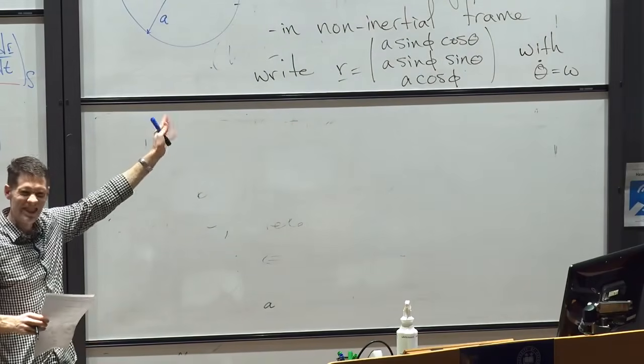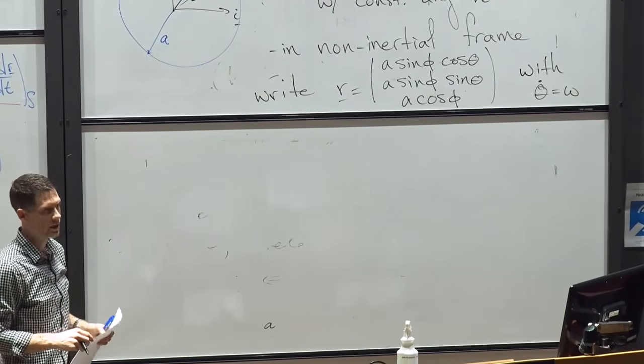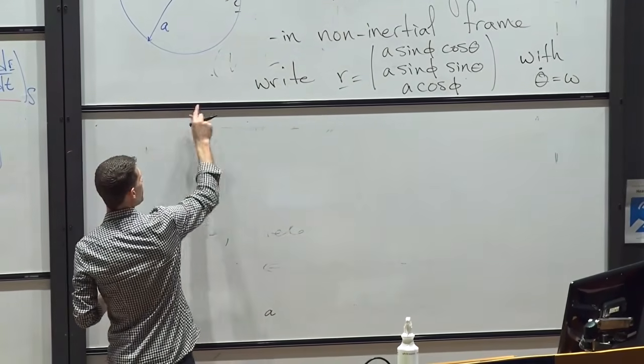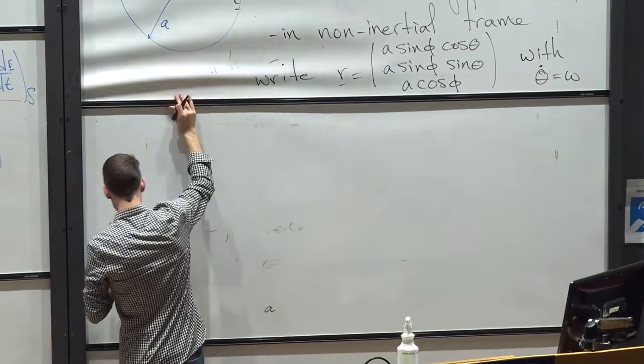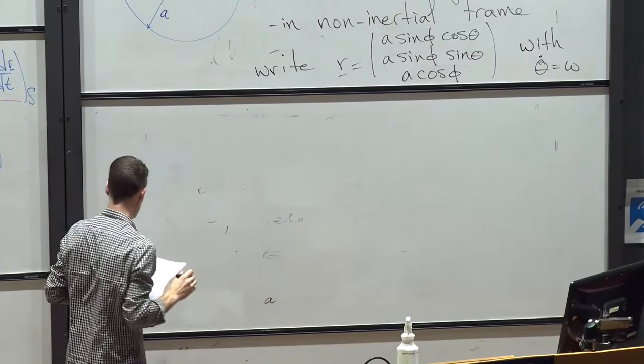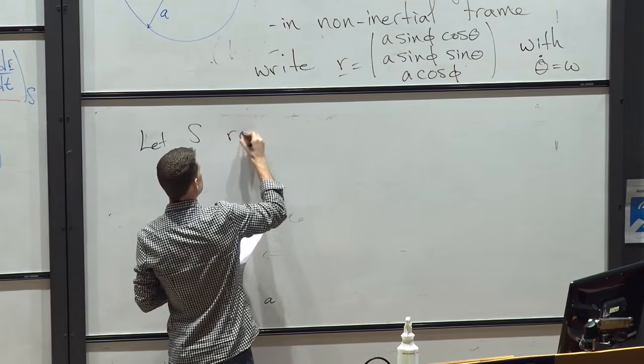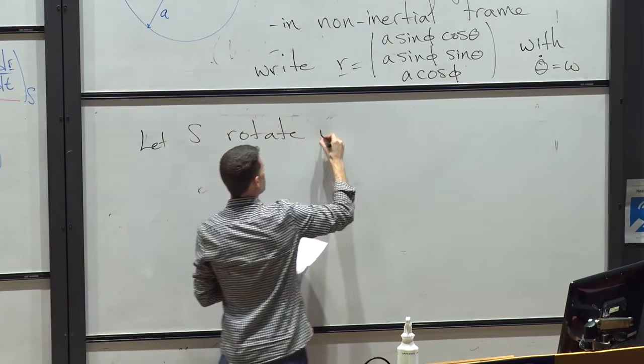Okay, it's not very nice because I'm in spherical coordinates, got lots of sines and cosines. If I were to do this same problem in a non-inertial frame, what I can do is let S rotate with the hoop.